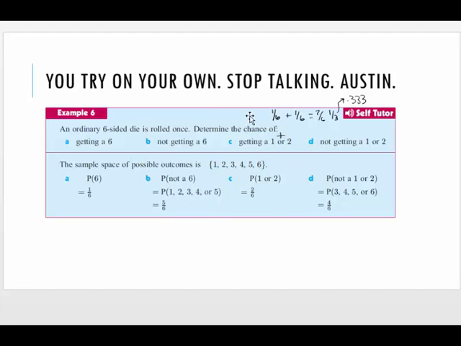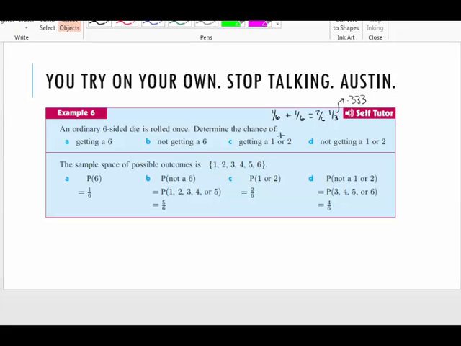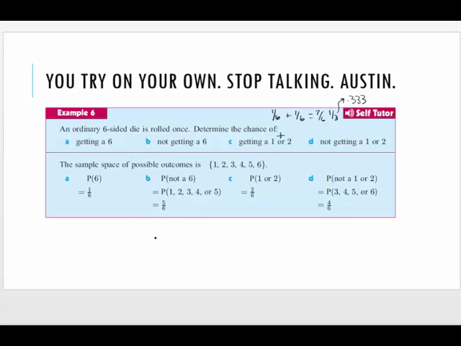Now, I said this to one class, but I just want to make sure that you are clear that this OR right here means basically addition. The OR means addition. So we are saying 1 or 2.